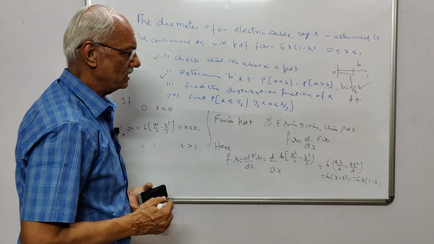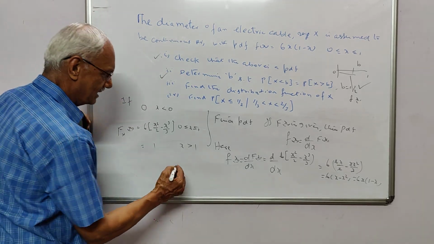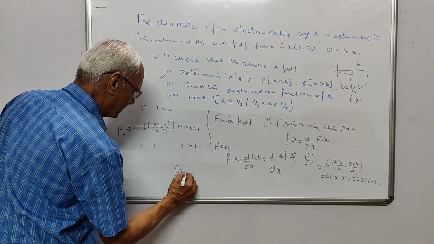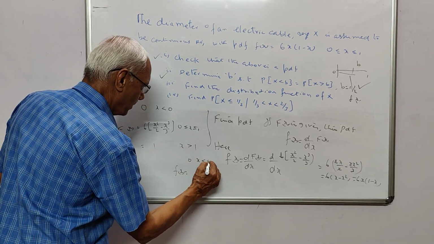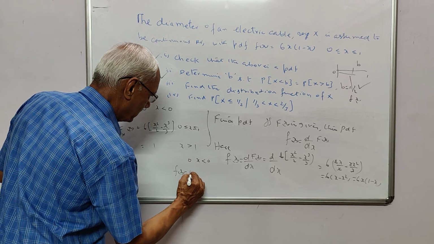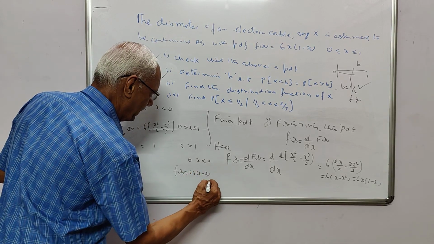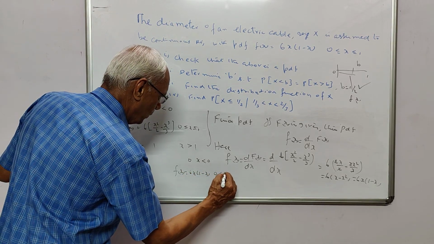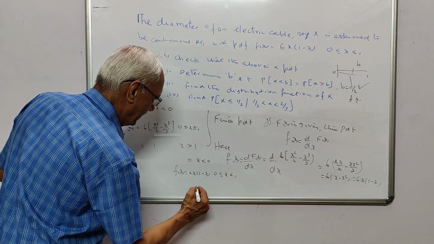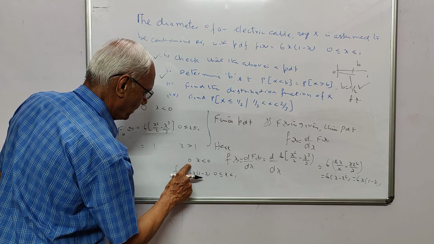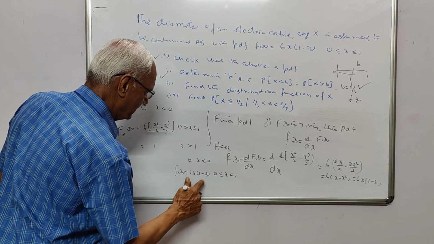So 6. So you see that. So how will you write this? So your f of x is equal to 0 for x less than 0, 6 into 1 minus x for 0 less than or equal to x less than or equal to 1, and what is the value for x greater than 1?